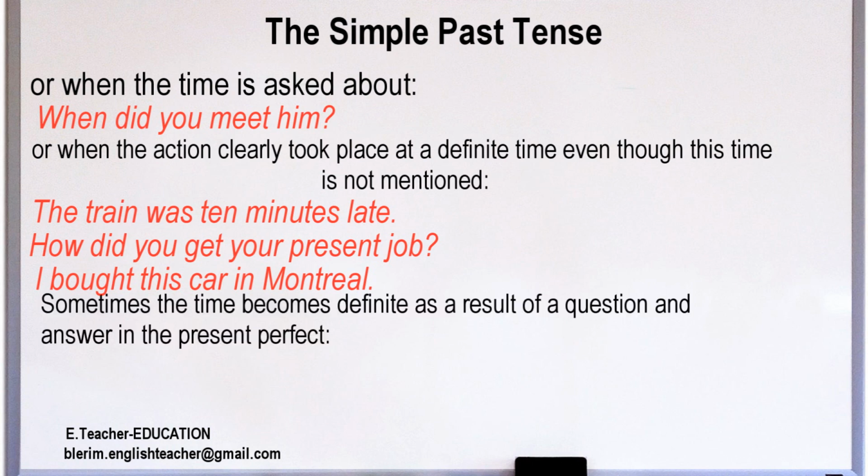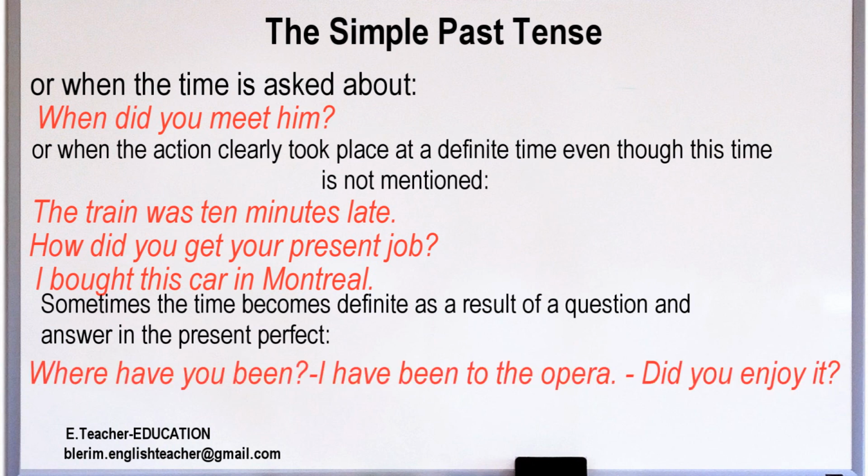And sometimes the time becomes definite as a result of a question and answer in the present perfect. Okay, for example, now as a result, it's related to the present perfect. Where have you been? I have been to the opera. Did you enjoy it?